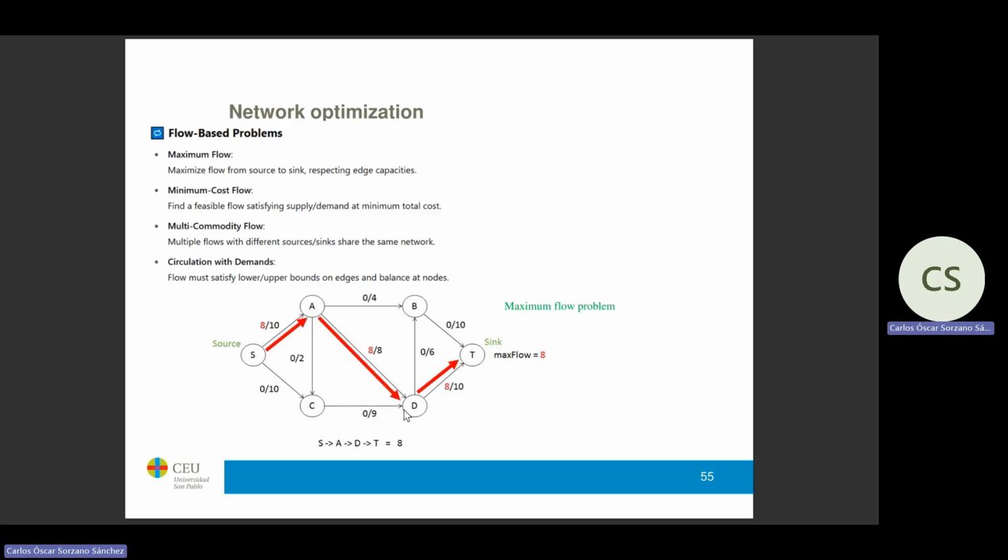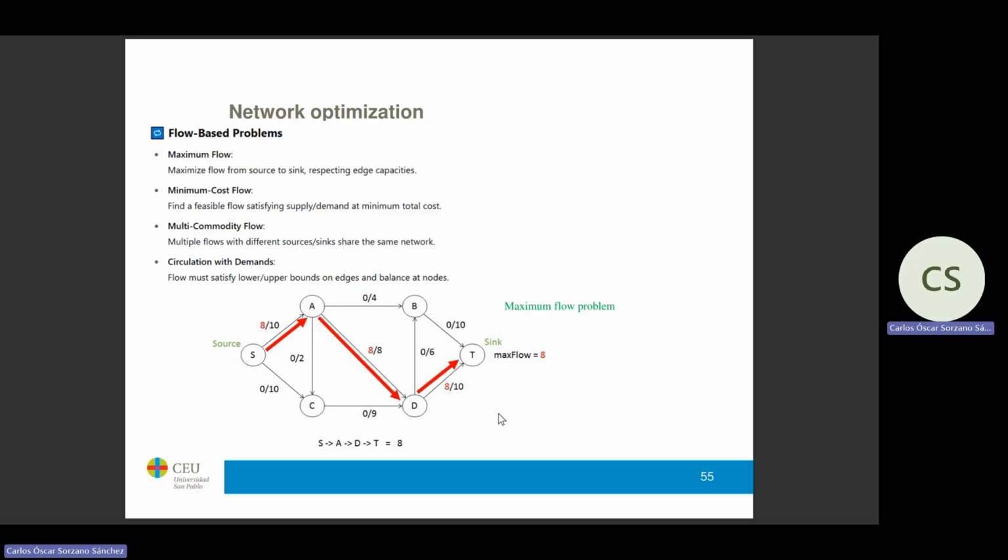Here I'm fully occupying it, and here again I'm not. So actually this path down here is much better, with a flow of 9. The thing is, you have to consider all paths between source and sink, and choose the one that allows you to have the maximum flow, the maximum transfer capacity.